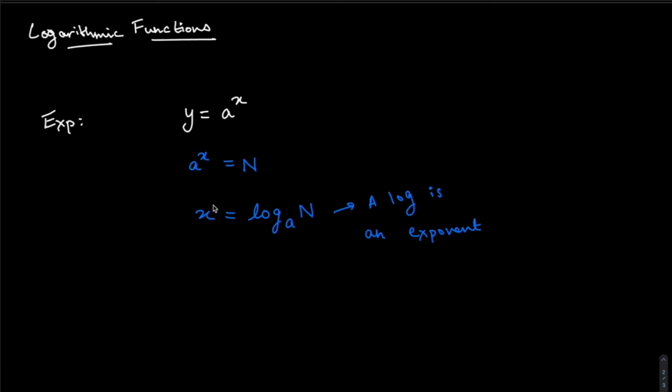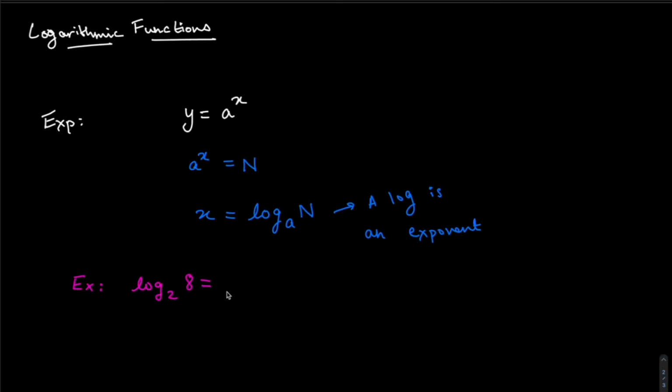So let's take a very, very simple example. We're going to have log base 2 right here. I'll change the color again and take magenta. Example: log base 2 of 8 is equal to what?